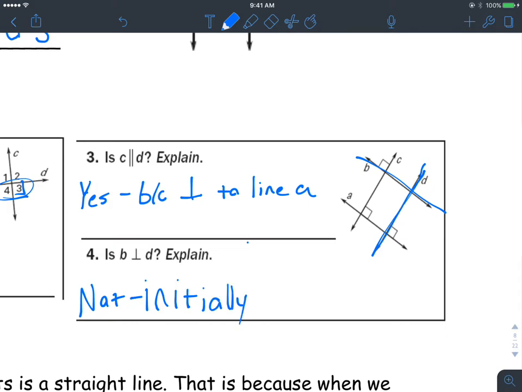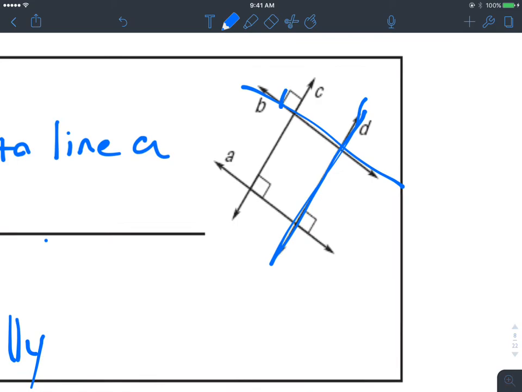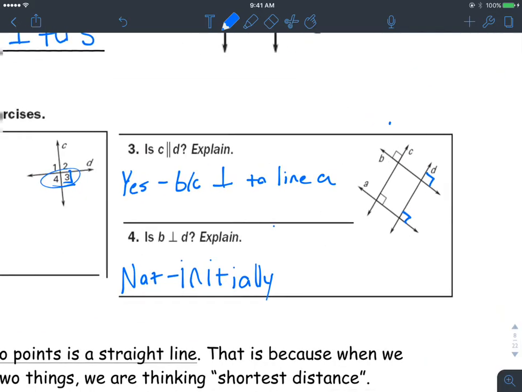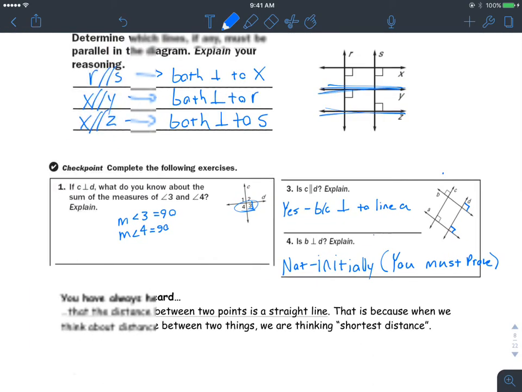But you could eventually prove it, because you have perpendicular and then perpendicular, so therefore B is parallel to A. And after you say B is parallel to A, then you have this line here that's got a right angle, so therefore this has to be a right angle as well. So you could eventually prove it, but not initially. So maybe we can say you must prove it. You'd have to write out a formal proof for that.